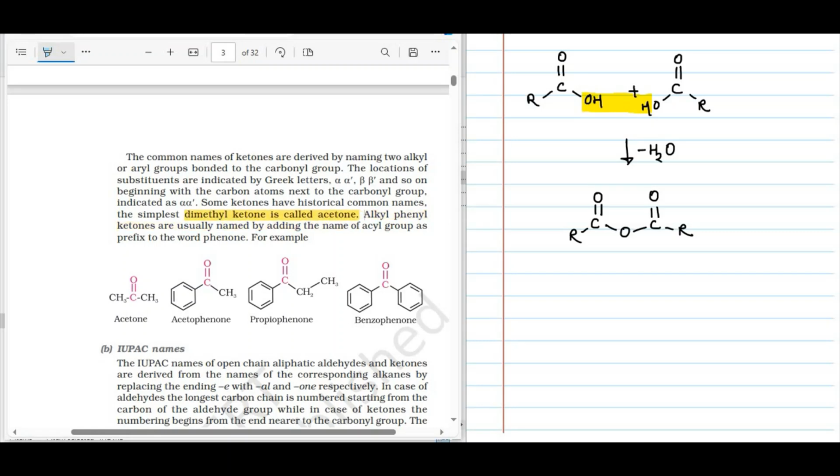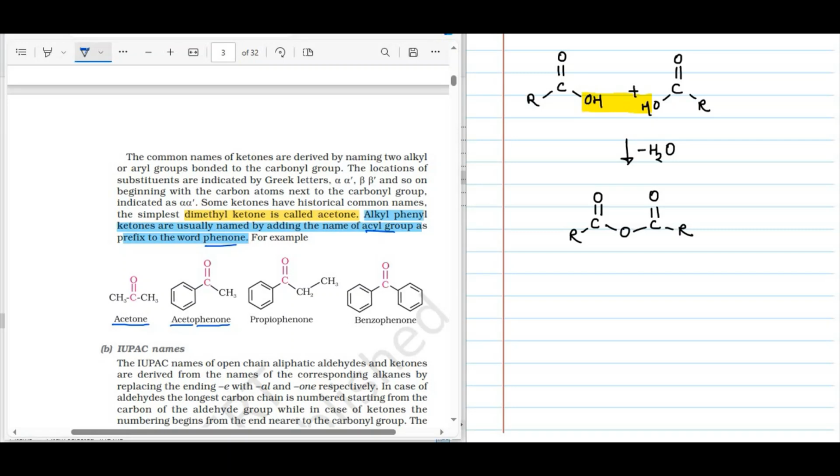Alkyl phenyl ketones are usually named by adding the name of the acyl group as a prefix to the word phenone. For example, here the common name of dimethyl ketone is acetone, and this is a phenyl alkyl ketone. So here this is phenone and the prefix is the aceto group, as it contains 2 carbons; for 2 carbons the prefix is aceto.